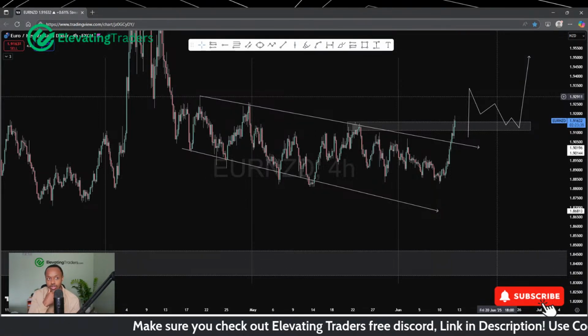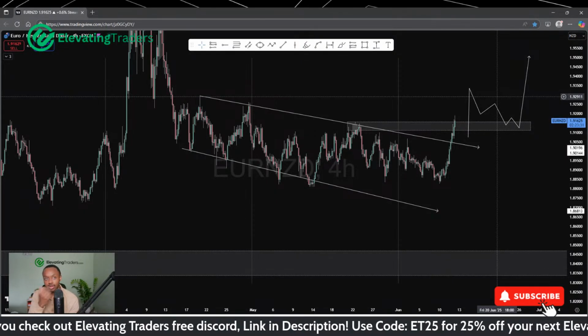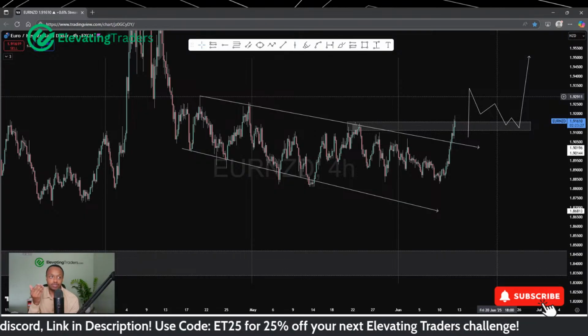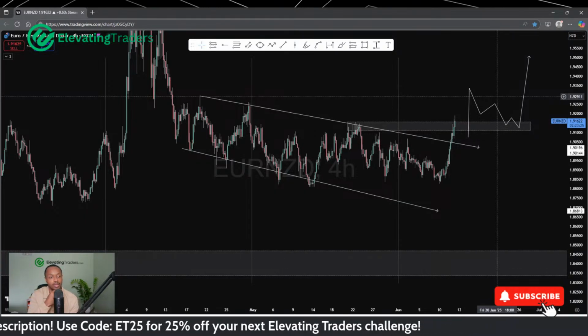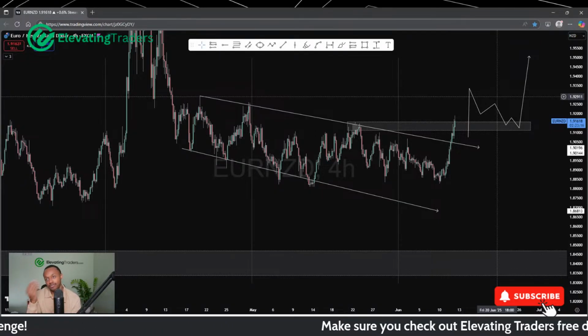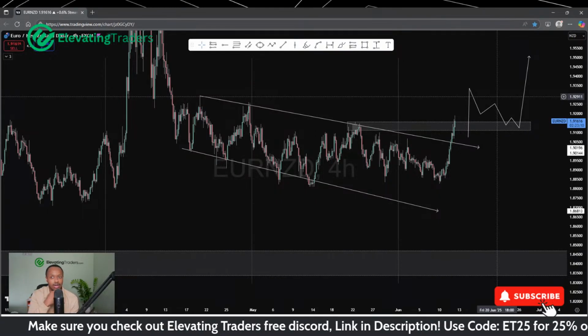You're looking to follow structure, you're looking at areas where price can turn around, you're looking at liquidity, you're looking at momentum as well, you're looking at how price moves, is it corrective, impulsive, what structure is doing, structural patterns as well. It's all really the same thing, but you focus on maybe different elements or different ways to enter the market. I use candlestick patterns to enter. I don't think SMC use that, or maybe they do, I'm not too sure.